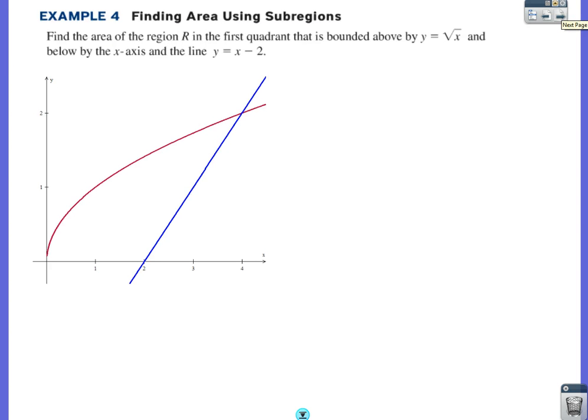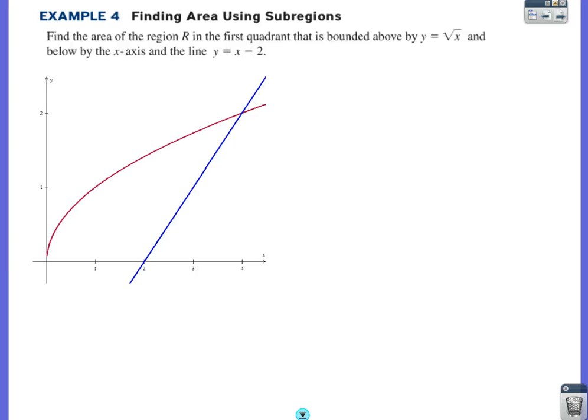So for this next one here, what I want you to do is realize there could be some problems in what they ask for. So let's read this one. It says here, find the area of the region in the first quadrant that is bound above by the square root of x and below by the x-axis and the line x minus 2.